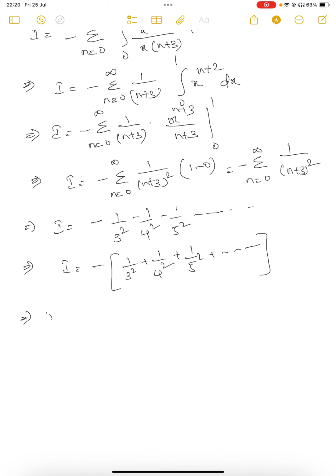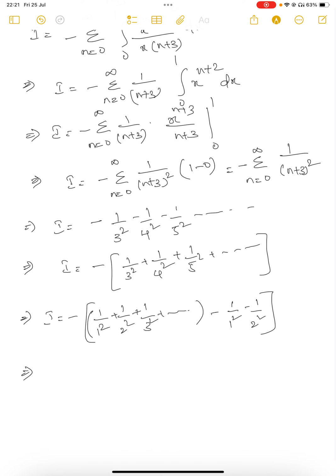So let's do one thing here. Let's add 1 by 1 square plus 1 by 2 square plus 1 by 3 square and so on, and subtract the other terms, then minus 1 by 1 square minus 1 by 2 square, right?